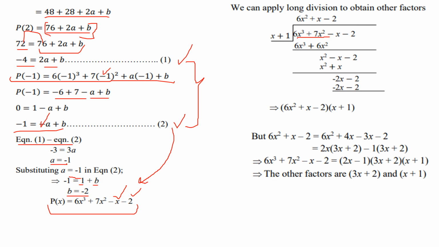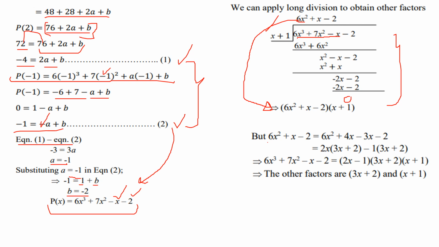You put the polynomial here, and you put the divisor here. I hope you understood how we came up with this, because I've already explained it. So you do everything: 6x cubed divided by x, and you get 6x squared. You multiply that by the divisor, and you repeat the process until you get a remainder of 0. This quotient here is always what gives us the other factors or the other roots of x.